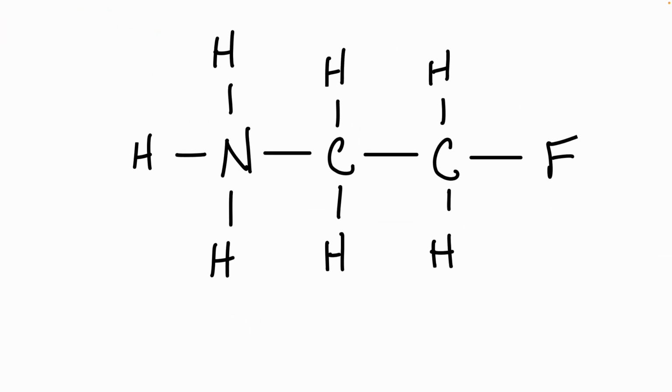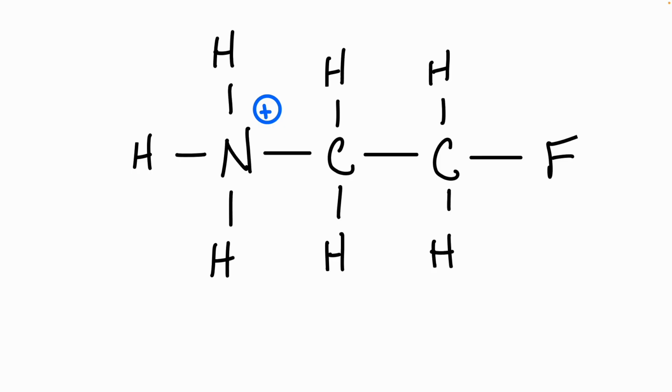Going over here, again looking at my heteroatoms, nitrogen and fluorine. My nitrogen is going to need how many lone pairs to complete its octet? None. It's already got 1, 2, 3, 4 bonds. Okay? And since it's got 4 bonds and no lone pairs, that means it's got a formal charge of +1.